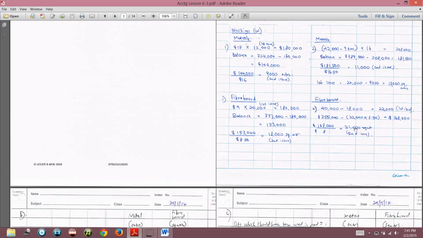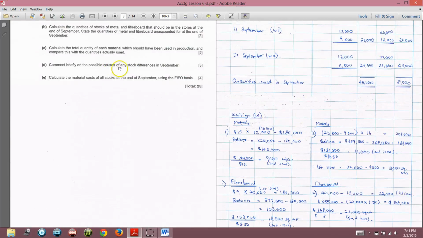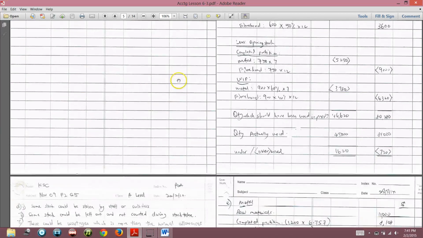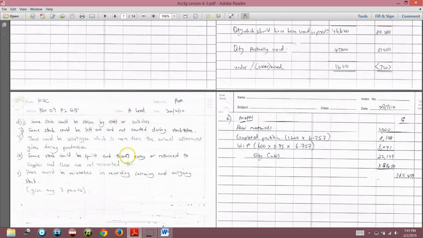So part D of the question says, comment briefly on the possible causes of any stock difference in September. So why is there stock difference? So one of the reasons that you can say is that there could be wastages which is more than the normal allowance given during the production.